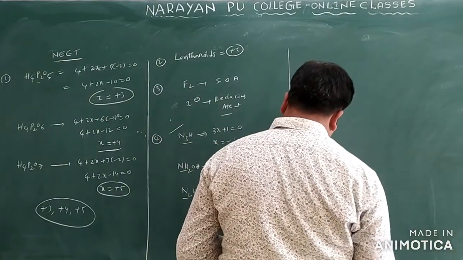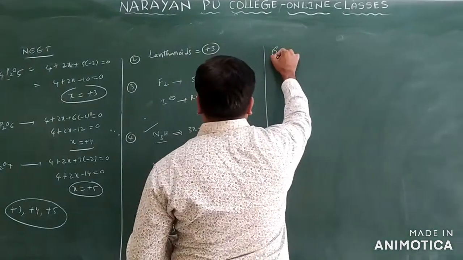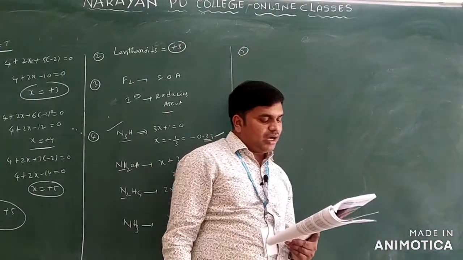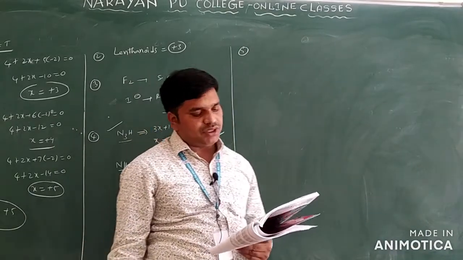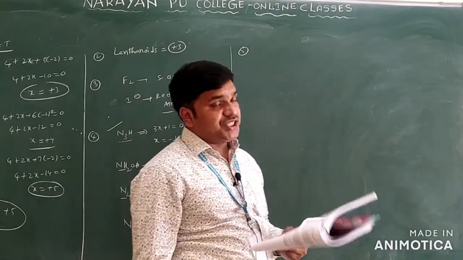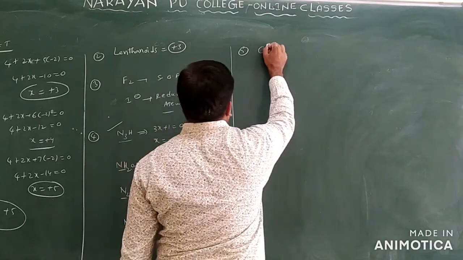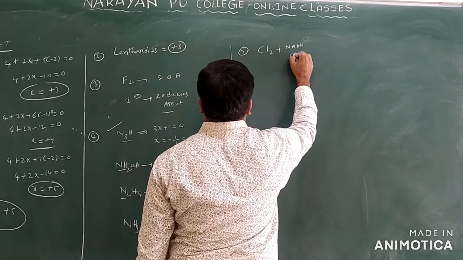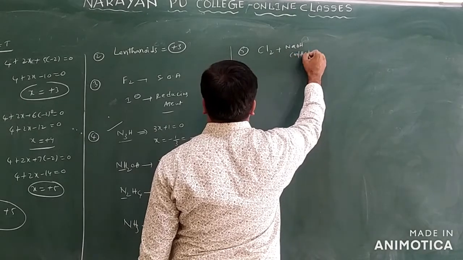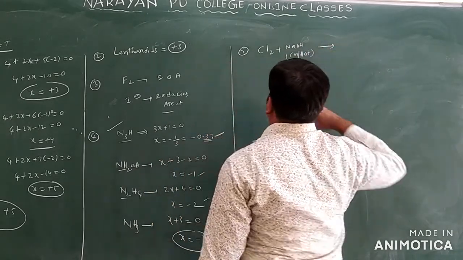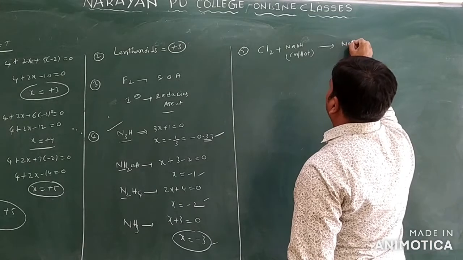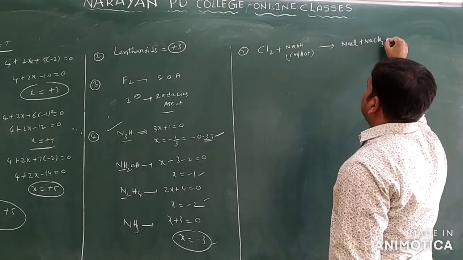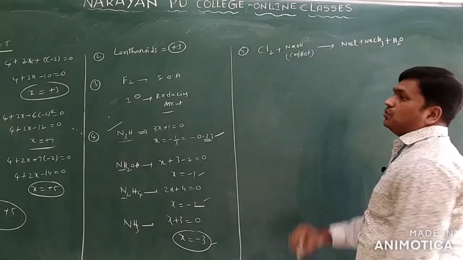Question number 5: chlorine gas reacts with hot concentrated sodium hydroxide solution. The oxidation number of chlorine changes from what? Cl2 reacts with hot NaOH to give NaCl plus NaClO3 plus H2O.